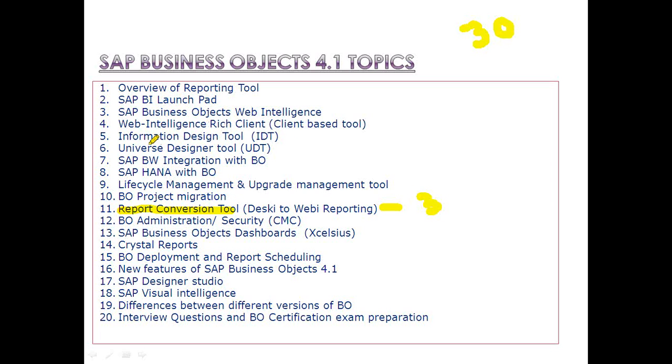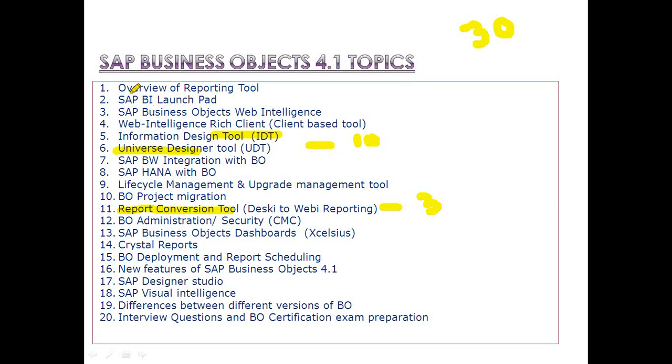But if you take the example of Universe Designer and Information Design Tool, it will take 10 hours of time. So out of 20 topics, some will take 30 minutes, and some will take 10 hours or 9 hours or 8 hours of session.